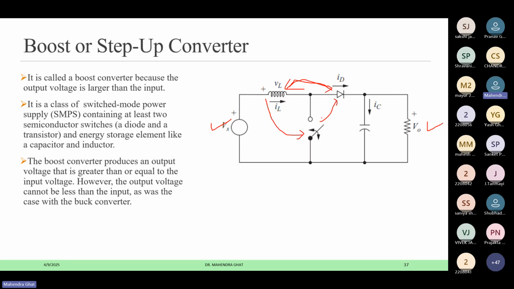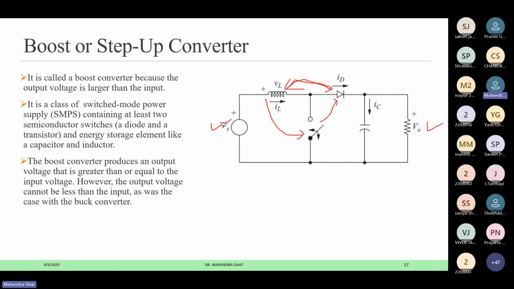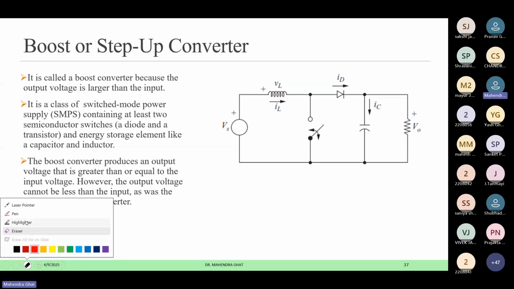That is the change in terms of the boost converter. But with this change, you can see a big change from the operation point of view. Let me erase this so that I can explain the working again. Same thing again: there are two cases, when the switch is closed and when the switch is open.